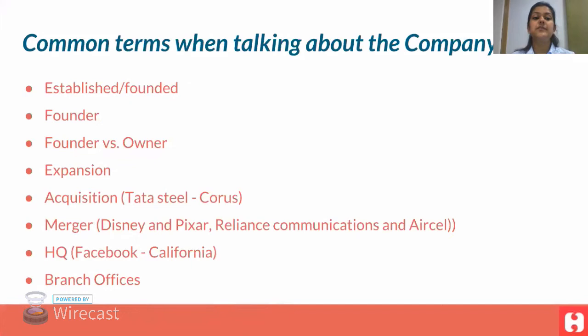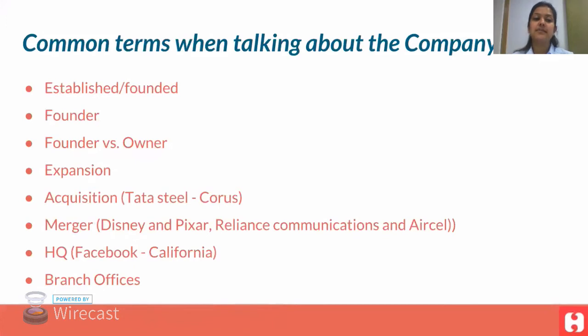Now, sometimes we go in for expansion in order to expand our business so that the business grows. Also, acquisitions and mergers take place in order to expand the business. For example, Tata Steel acquired Corus. That is an example of expansion through acquisition.